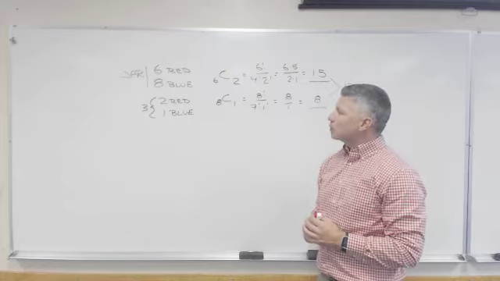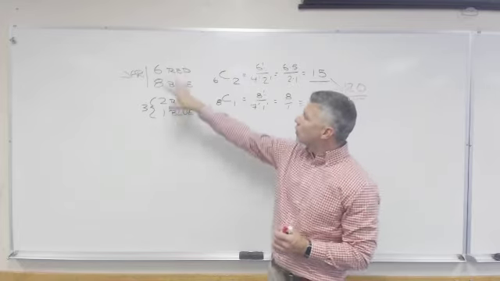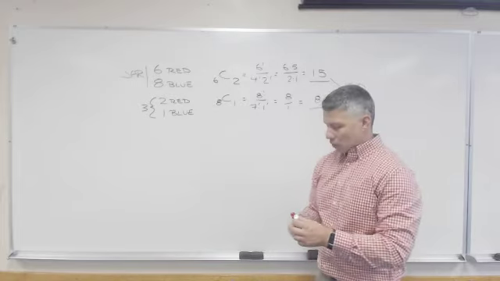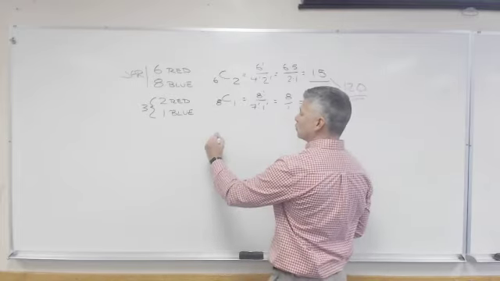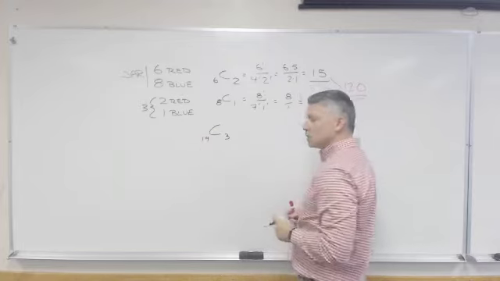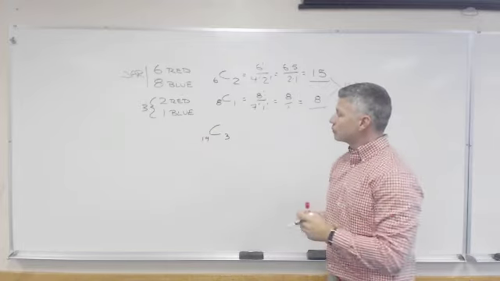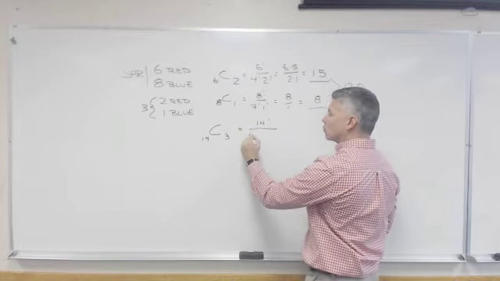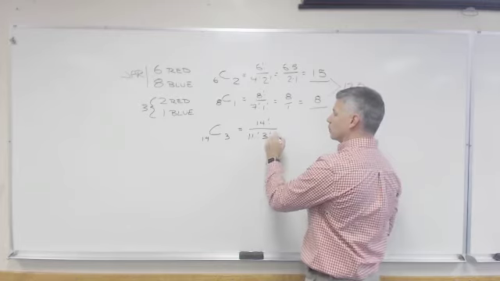If I'm pulling 3 marbles out of a jar of 6 red and 8 blue, that sounds like I'm choosing 3 out of a jar of 14. All right, so 14 factorial over 11 factorial, 3 factorial.